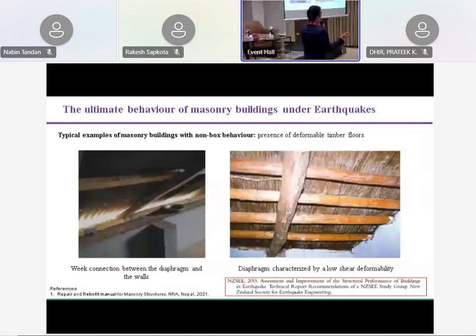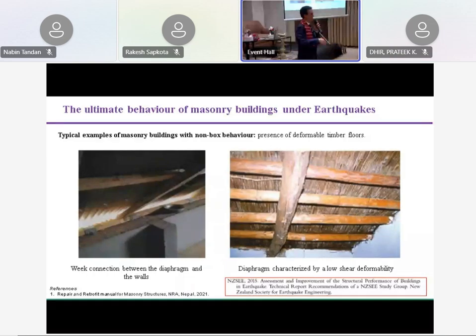Here are some pictures from your regulation, the Nepalese guidelines, showing typical examples of non-box behavior. Wherever we have timber floors, which are very deformable in shear and not connected with the walls, we cannot expect box behavior of the structure.